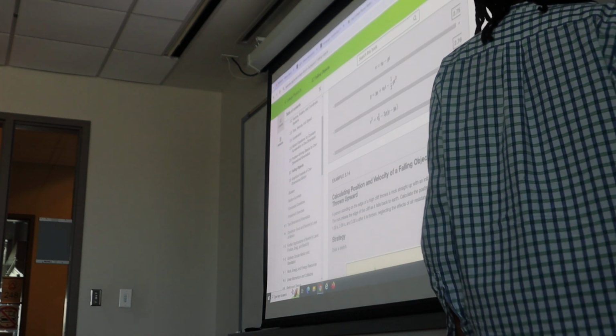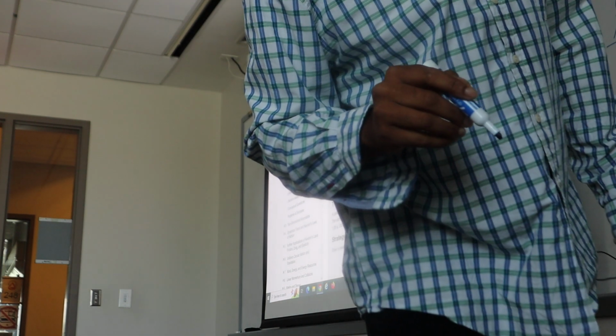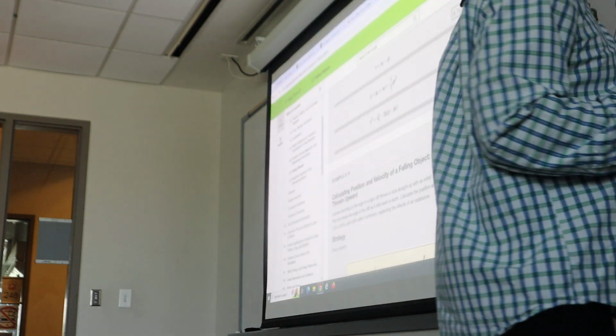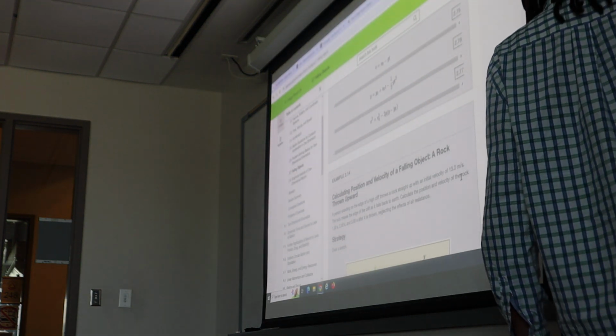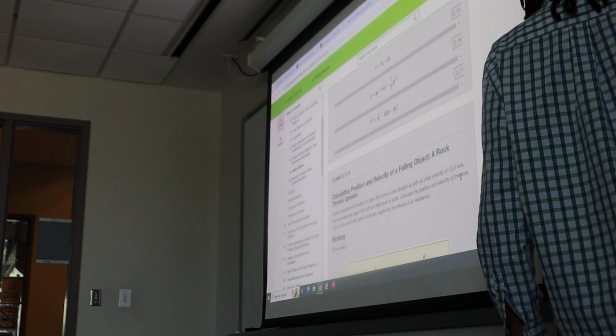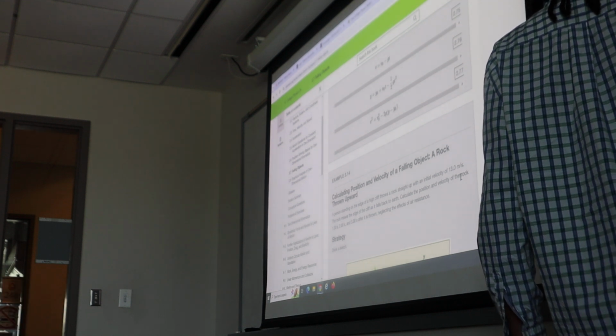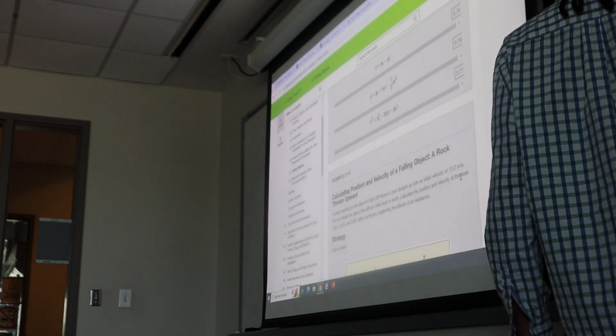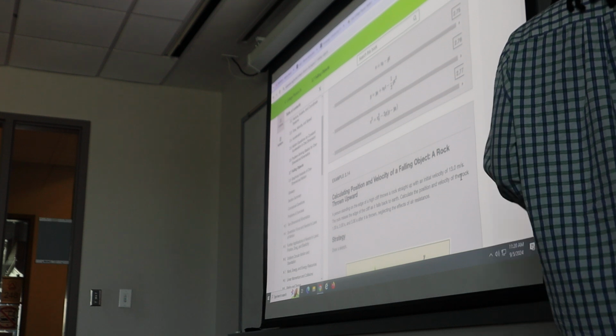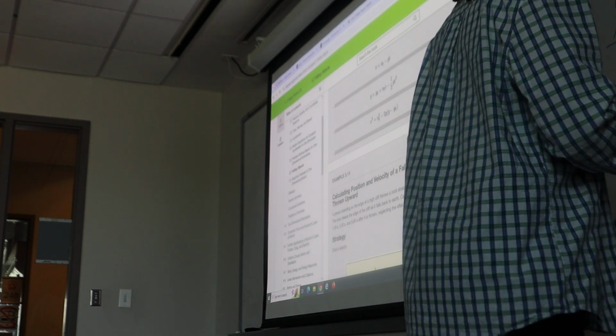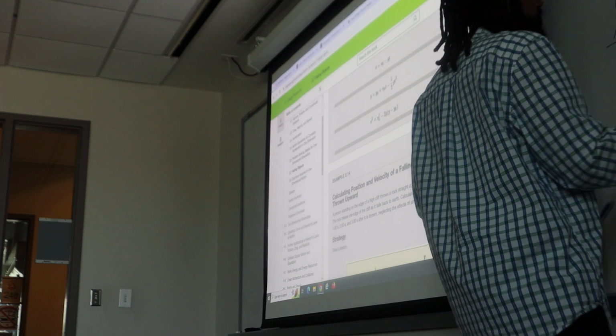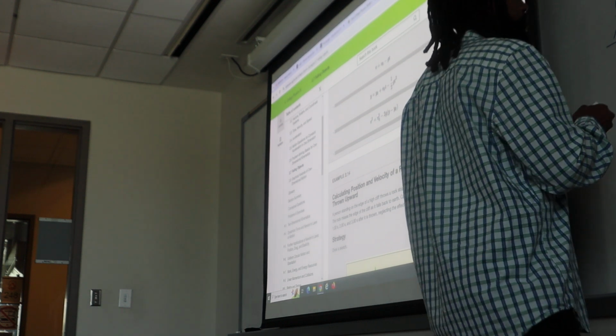So X final and V final, 1, 2, and 3 seconds later. Time equals 1 second, 2 seconds, 3 seconds. So I would say that would look something like that.